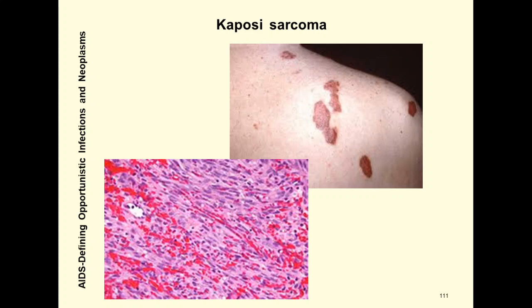This is a sarcoma because the origin of this tumor is mesenchymal tissue. This is an angiosarcoma, because you see a lot of erythrocytes out of the lumen of the vessel. Grossly, we have more brownish, but usually dark blue or red-blue, multiple plaques on the surface of the skin.